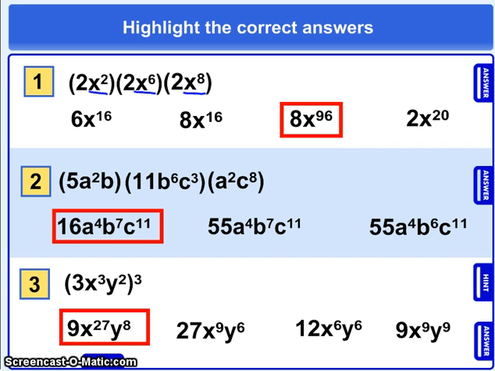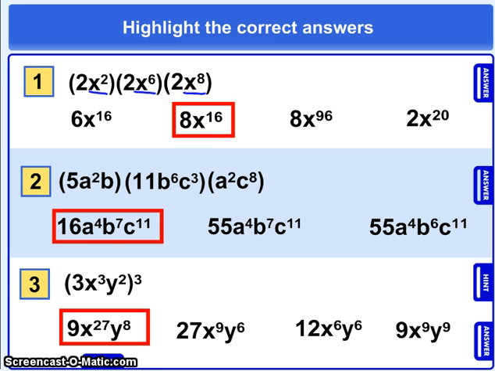Again, shortcut for multiplying, because they're all the same letter, is to go ahead and add those exponents. So 2 plus 6, that's going to give me an 8. Add the other 8 to it, is going to give me a 16. So by now you can see the correct answer is 8x to the 16th.